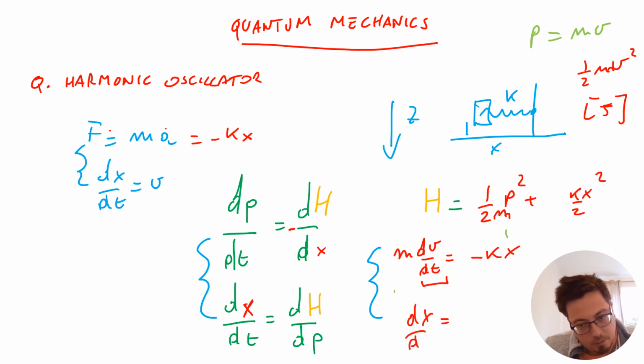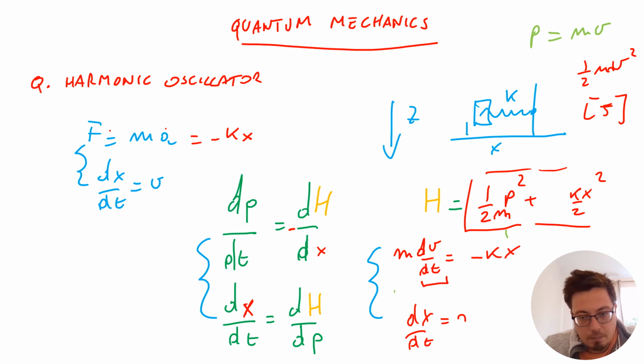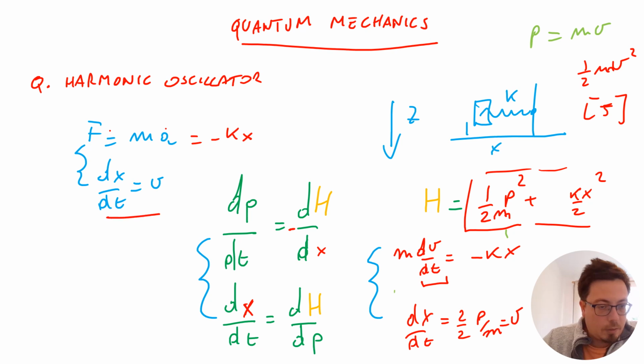So the derivative of x over t is equal to the derivative of this part over p, and it gets 2p divided by 2m, which is v effectively. And this is the other equation which we have got here.